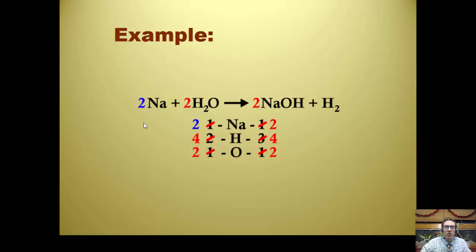Remember, save elementals, things that are all by themselves, for last. We add the 2 coefficient, meaning this is going to change this multiplier, and we're good to go. This, remember, is going to be the total number of each element, not what you multiply by. That's going to be the coefficient up here. Just put down here what the final number is. That way you can see on each side that we're good.